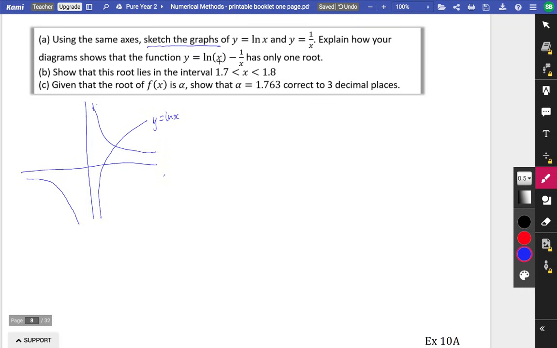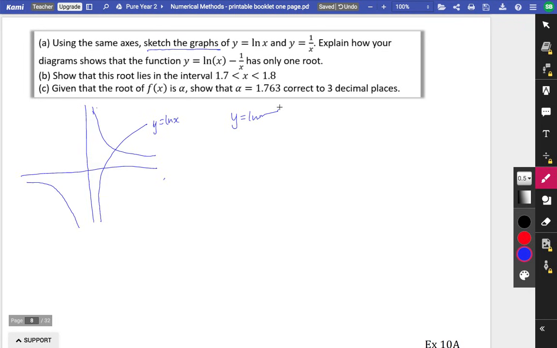And now it's asking you to say why y equals ln x minus 1 over x only has one root.